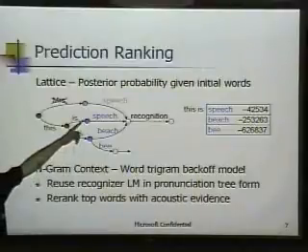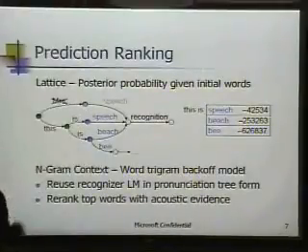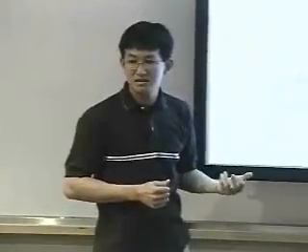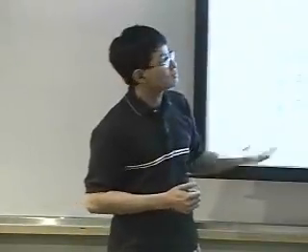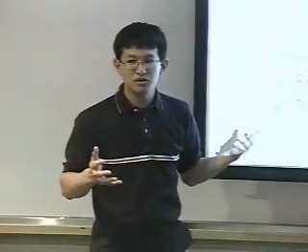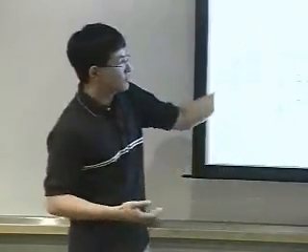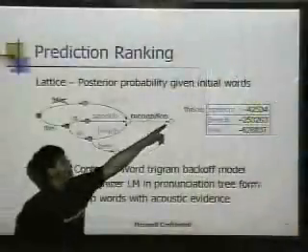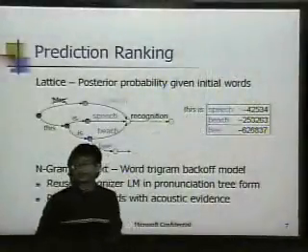We will realize that, okay, of my 3 possible lattice candidates, none of them start with SC. Therefore, I've fallen off the lattice and I don't know what word the user meant. So we will go to the n-gram context to list the words that start with SC that are most probable to follow the sentence, "this is".